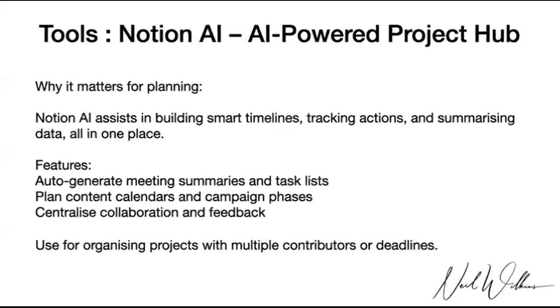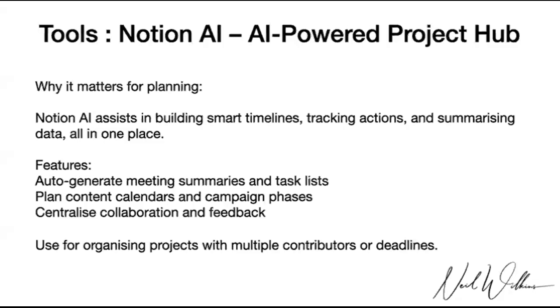If you need an AI-powered project hub that brings together your project planning way beyond just pure content, then Notion AI is worth a look. It assists you in building smart timelines or tracking actions and summarizing the data all in one place. It's really useful for organizing projects, particularly if you've got, as we were talking about before, multiple contributors, be they AI or humans, and also for tracking deadlines.